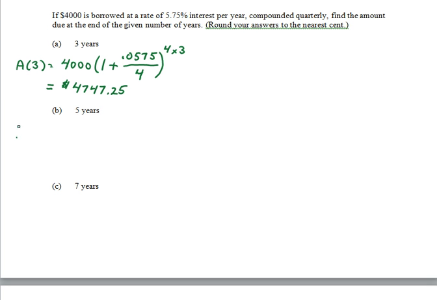For 5 years, we'd have 4,000 times 1 plus 0.0575 all over 4, raised to the 4 times 5.